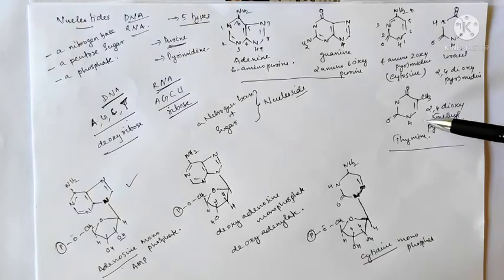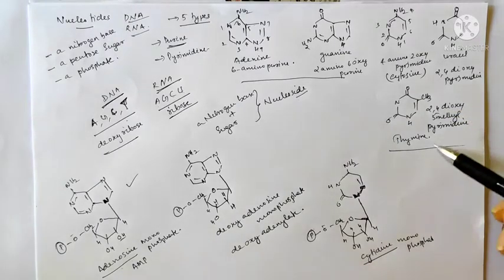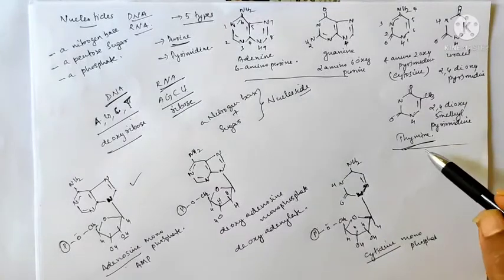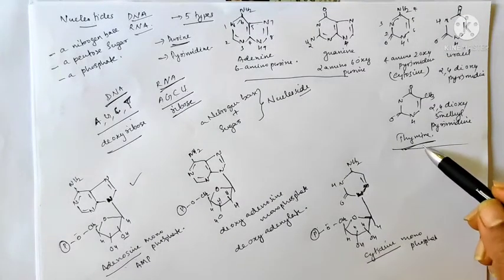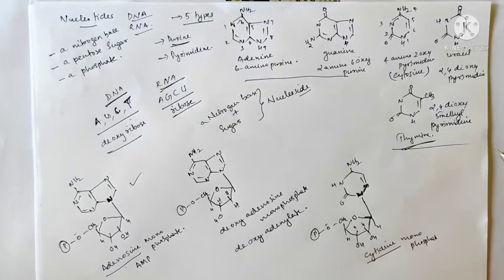UMP. Then similarly, for thymidine monophosphate. Here thymidine is seen only in DNA, therefore we can call it deoxythymidine monophosphate. Only deoxyribose attaches to thymine, and then it becomes deoxythymidine monophosphate.